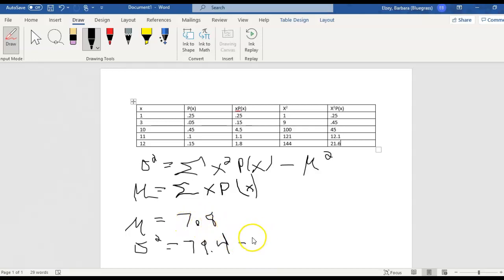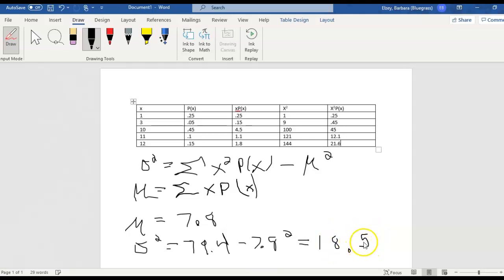So 7.8 squared. All right, and if we put this into our calculator and let our calculator do 79.4 minus 7.8 squared, we end up getting 18.56 as our variance.